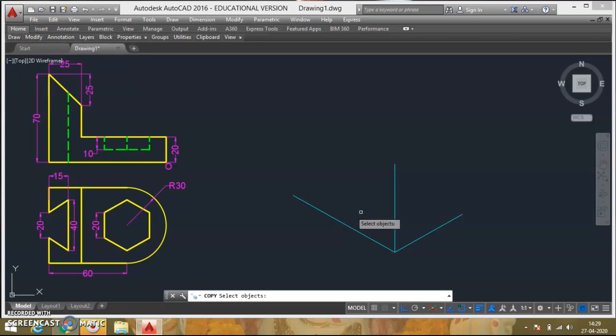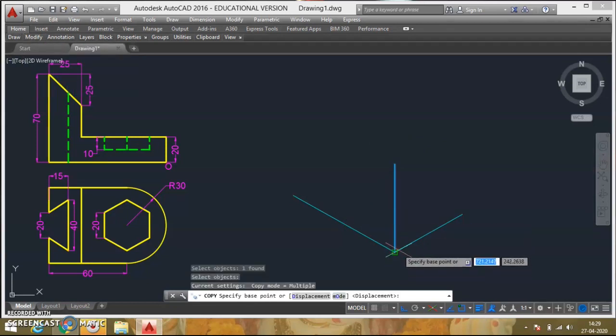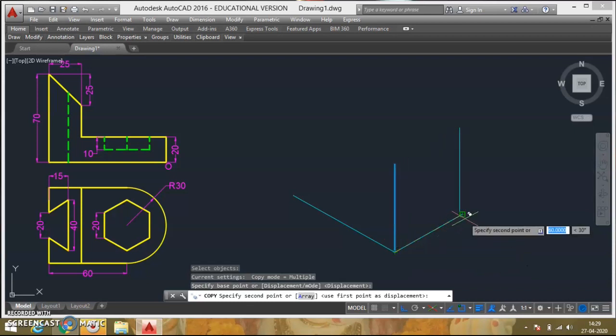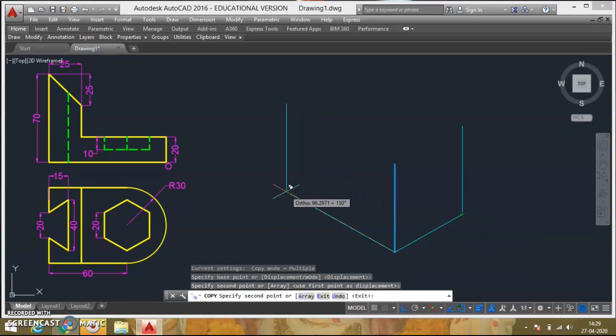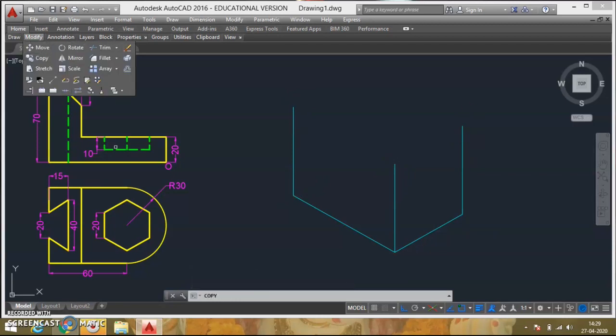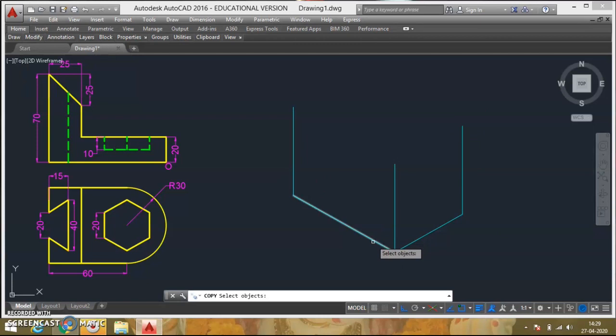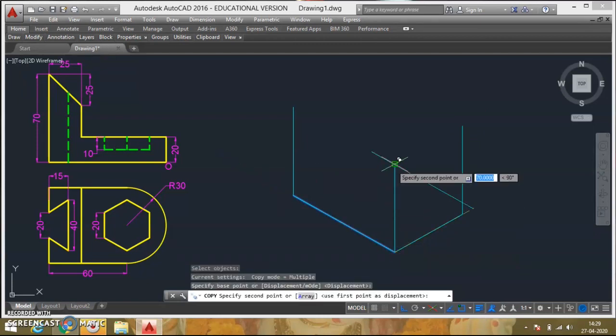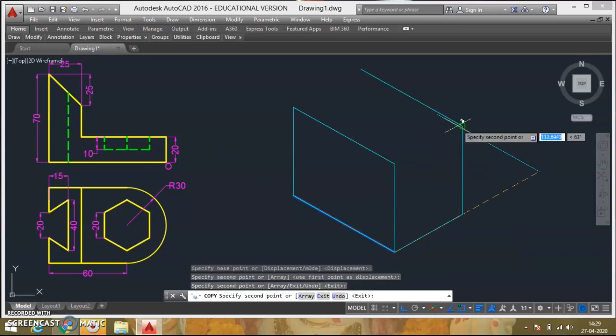So what I'll do is I'll draw a line parallel to this vertical line, passing through this point and passing through this point. The height will be the same. I'll just measure this height 70 here and 70 here and 70 here. Then I'll draw a parallel line to this line passing through this point and this point.